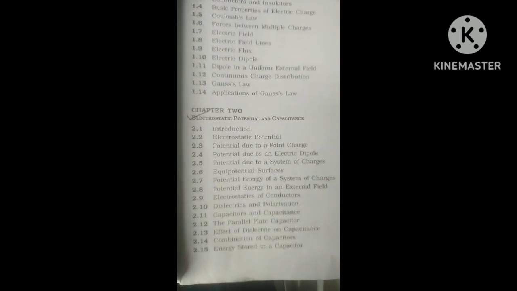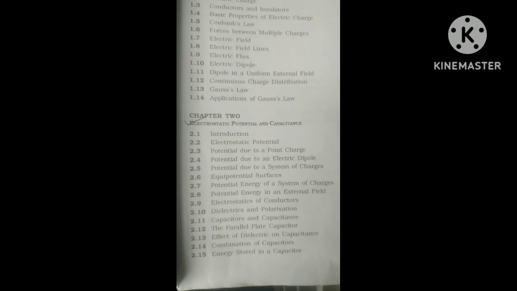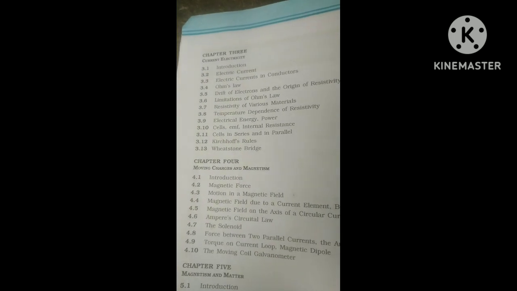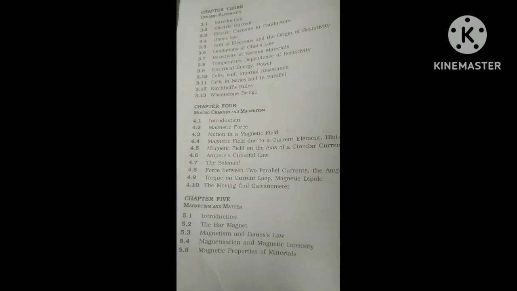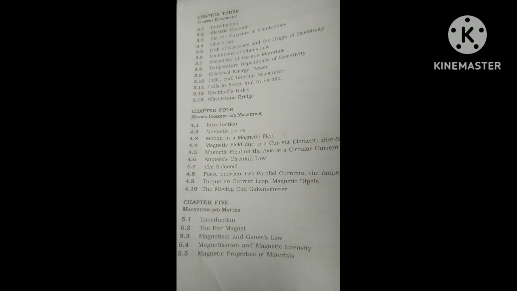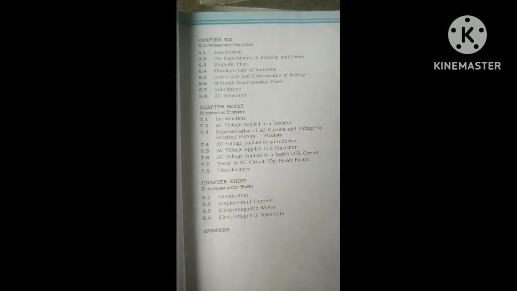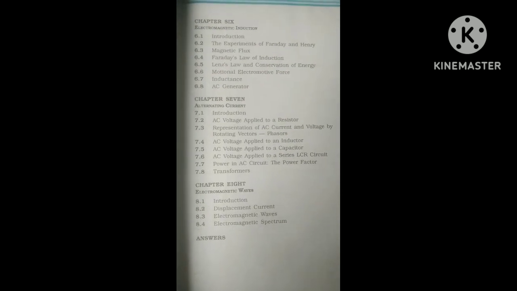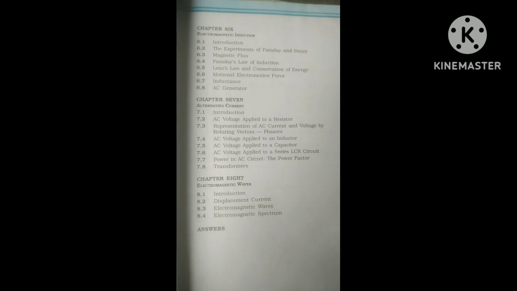Then chapter 2, it was electrostatic potential and capacitance. Next, it was current electricity and moving charges and magnetism and matter. Next is the 6th chapter, electromagnetic induction. 7th was alternating current. 8th was electromagnetic waves.